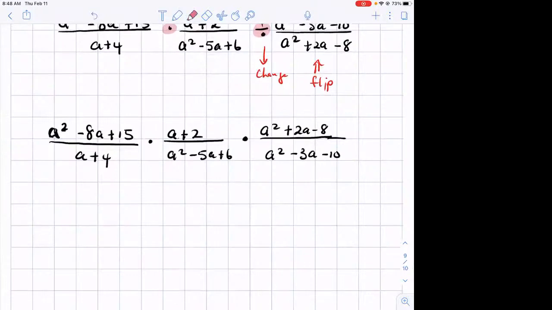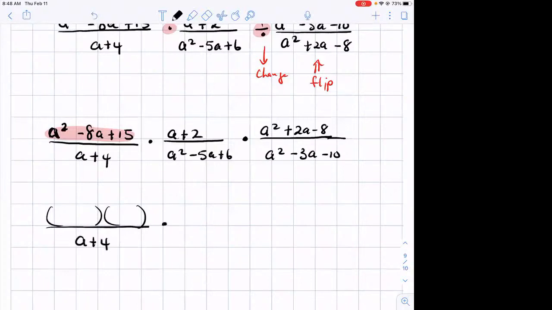Now, factoring each part, you will go and do it on the side. If you factor this, that becomes binomials because it's quadratic. The denominator cannot be factored.